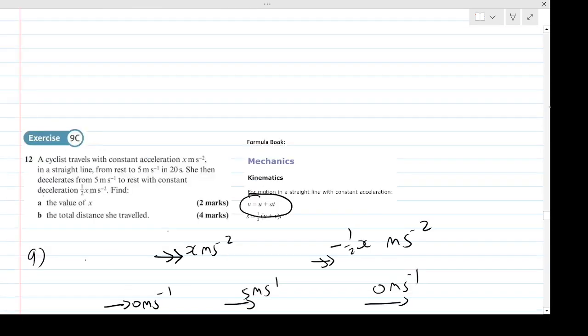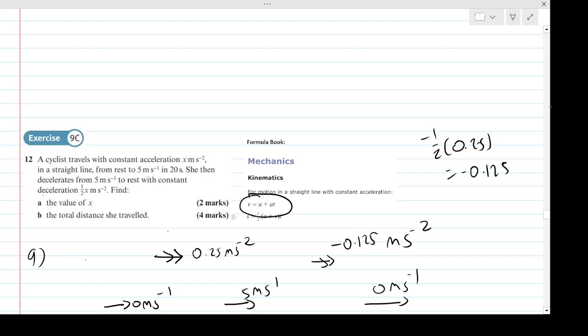And then I can add that onto my diagram, because if the acceleration is x, that means it's now 0.25 meters per second squared. And also this bit here, if it's minus a half x, that's going to be minus a half times 0.25, which is minus 0.125. So I can adjust that to minus 0.125.